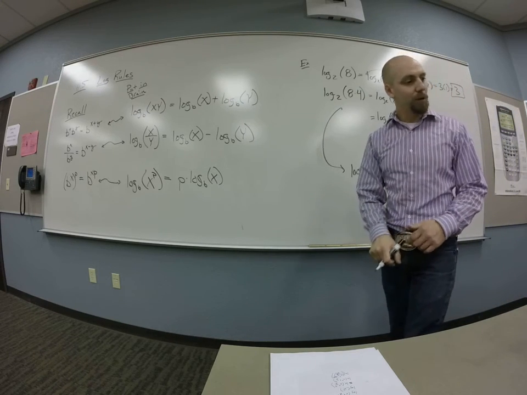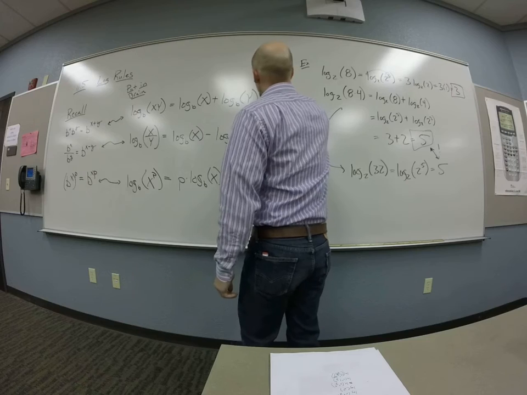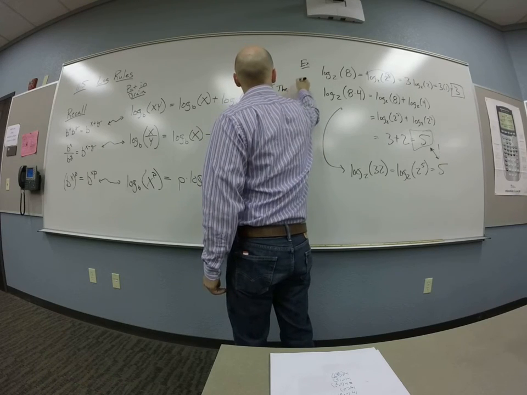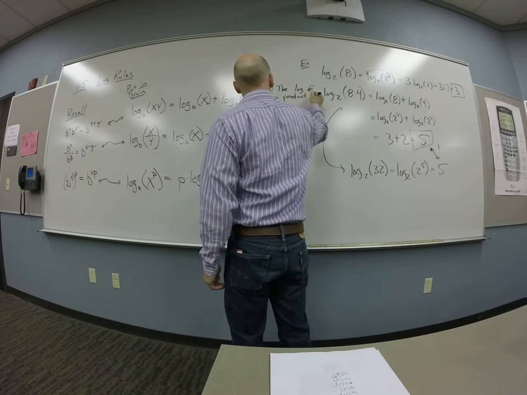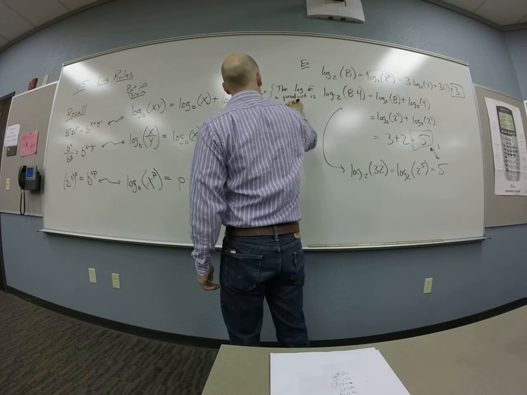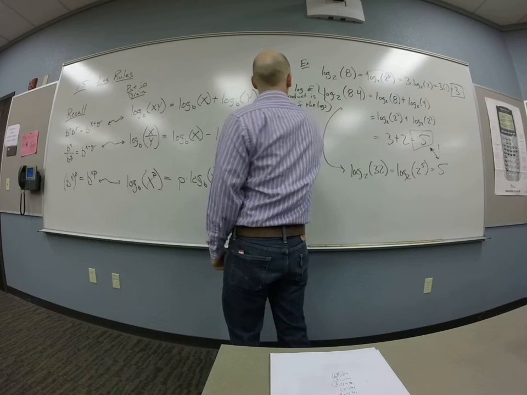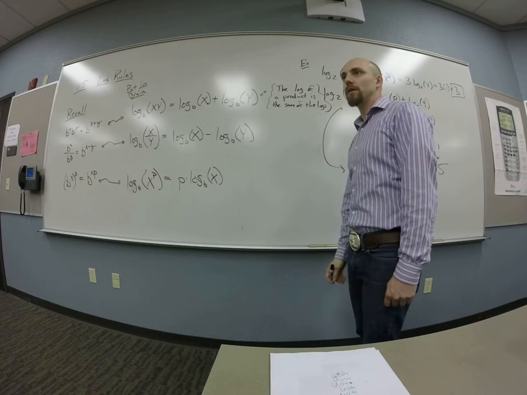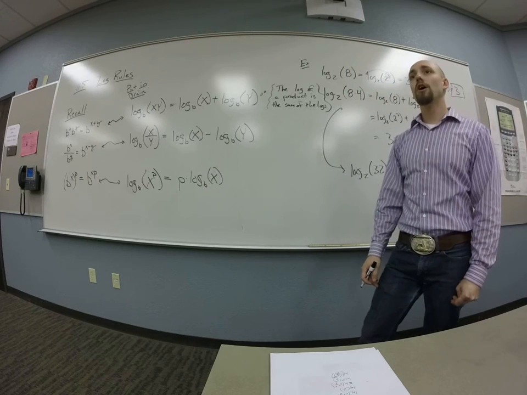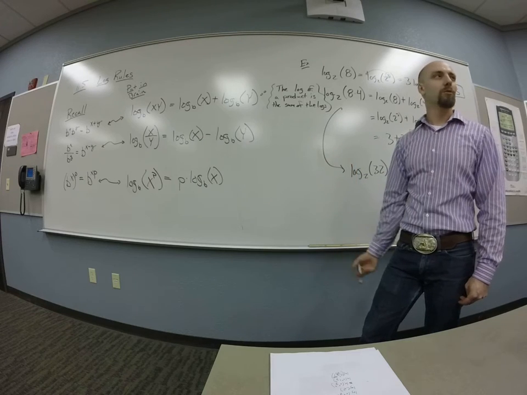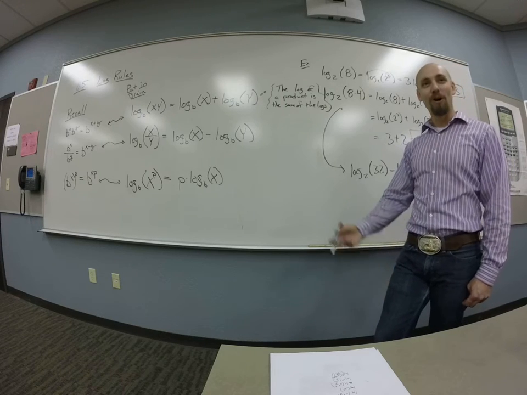In fact, we should probably write those down. So I'm going to say the log of a product is the sum of the logs. That's that first rule. How would I say the second rule? It's a fancy rule for a fraction, quotient, right?